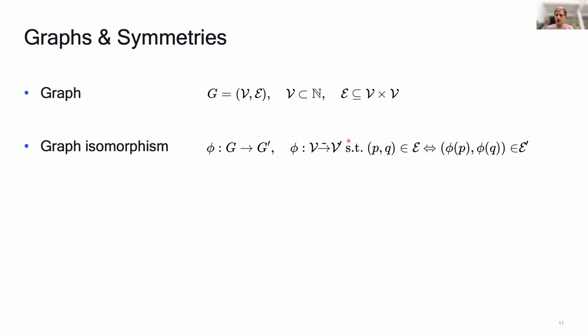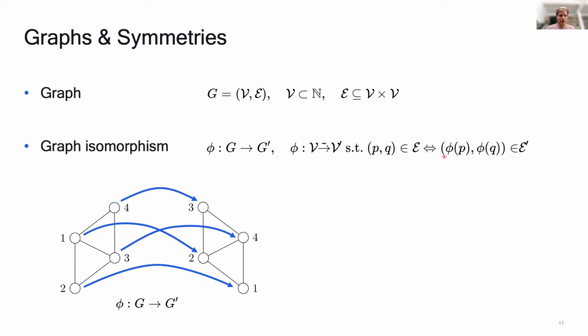A graph isomorphism is a map between two graphs that is a bijection on the node sets, such that edges are mapped to edges. To give you an example, here we have a graph with indexed nodes. Here we have another graph with indexed nodes. A graph isomorphism maps from the nodes to the nodes, such that two nodes have an edge in the first graph if and only if they have an edge in the second graph.